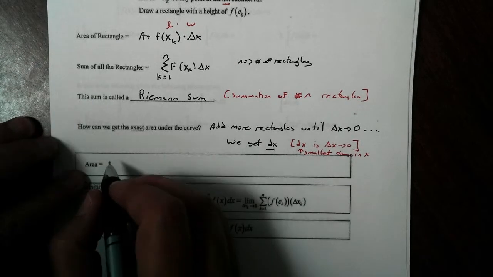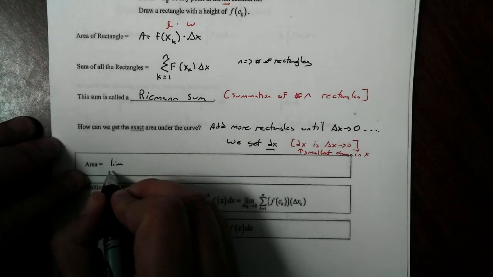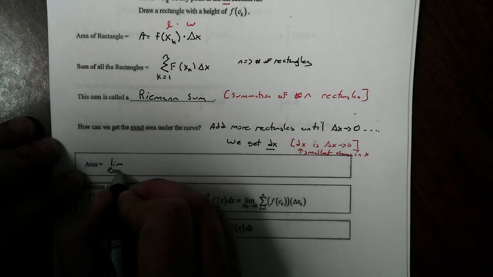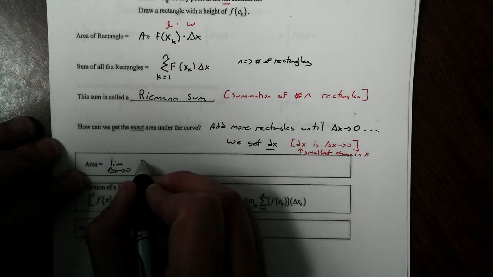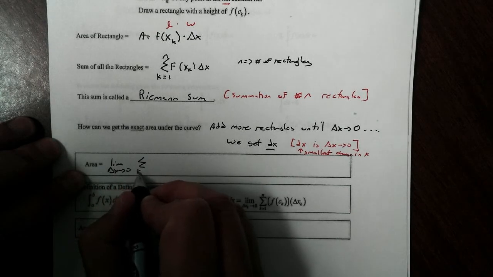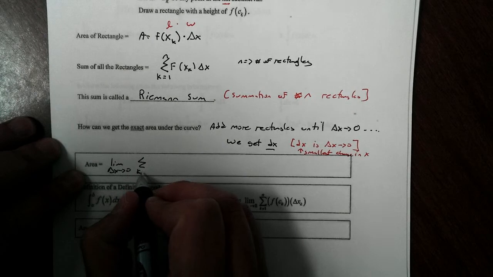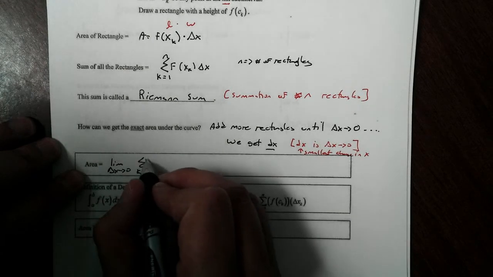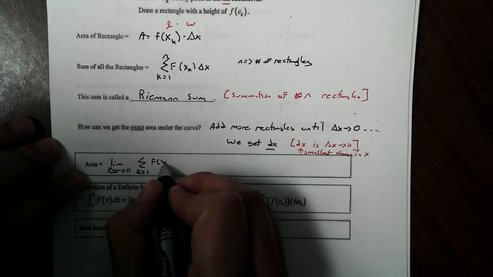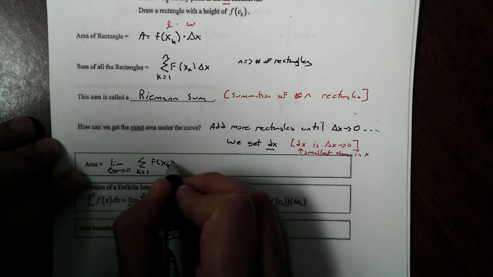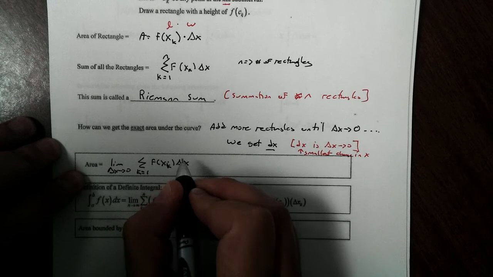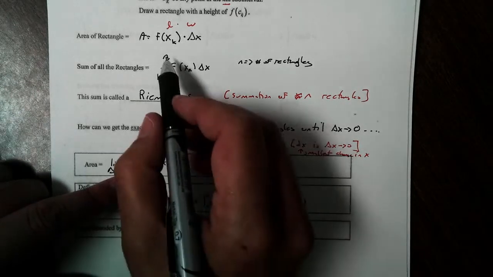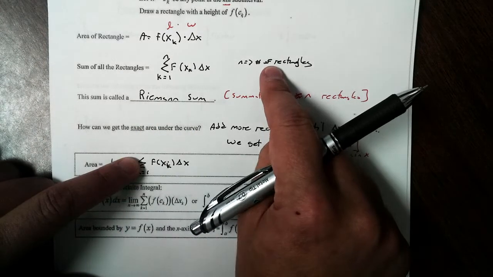How we define area is the limit as delta x goes to 0 of our summation formula, k goes from 1 to, we'll talk about that, f of x sub k delta x. But be careful, n is no longer the number of rectangles.